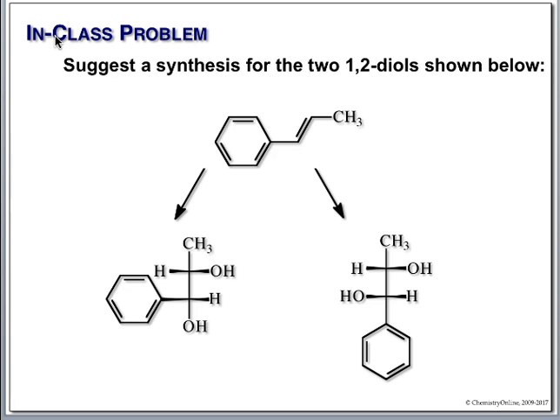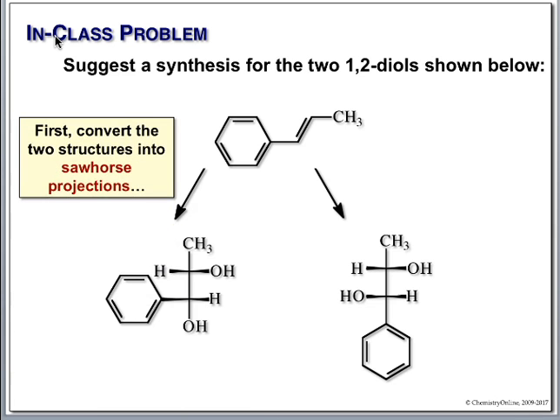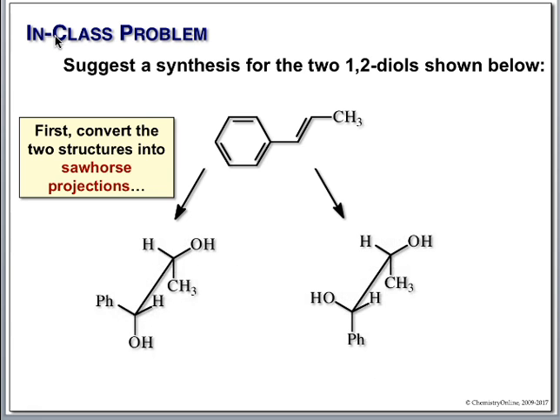So in this one, just think about it. We have a phenyl sticking up and a hydrogen up, hydrogen up, OH up, methyl and hydroxyl are down.